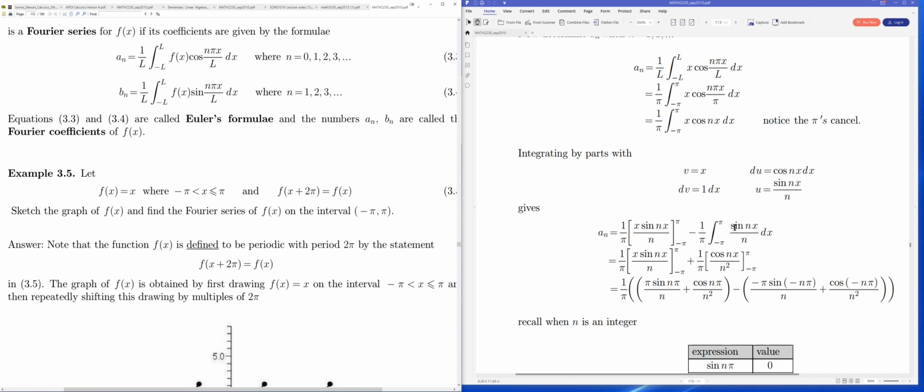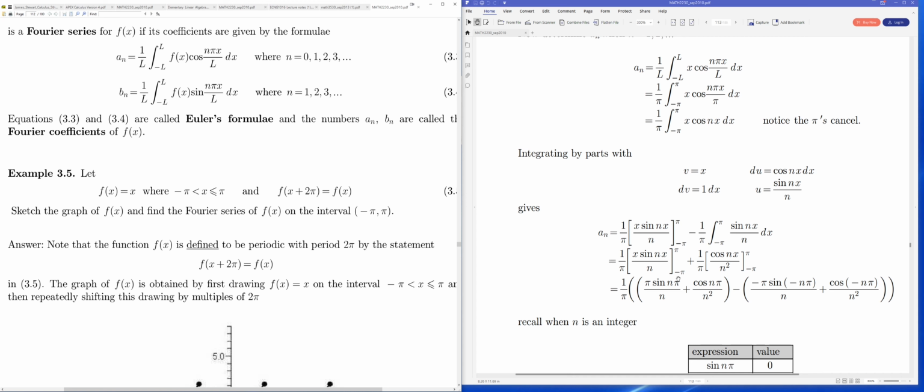The integral of the sine is going to be minus cosine, and that minus will hit this minus to give me a plus. And when I integrate the sine, I will get this extra n coming down over here to give me the n squared. So after the integration, I will have this here, and I still need to put in the pi and minus pi. So I put in the pi over here, and I'm going to get pi sine n pi on n.